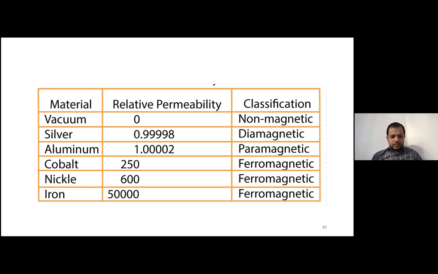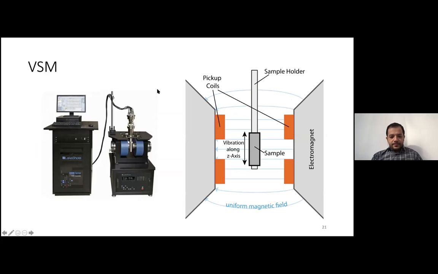Aluminum is about 1. It is a paramagnetic material. Then you have cobalt, nickel, iron with a really high relative permeability, and these are ferromagnetic materials. All right. So how do we measure the response of the material in a magnetic field?